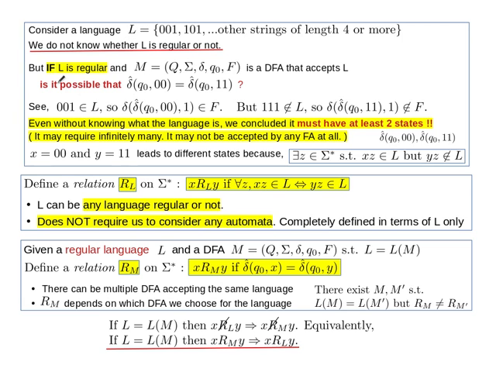But if L is regular, and say this is a DFA that accepts L, is it possible that these two states are equal?